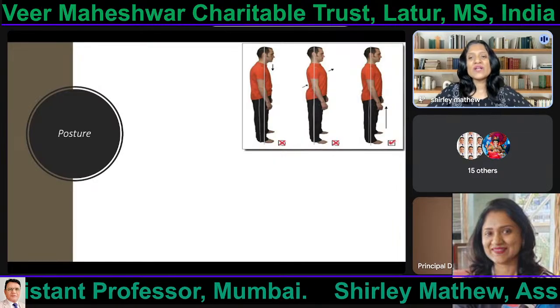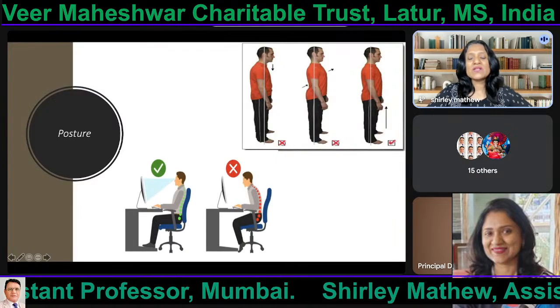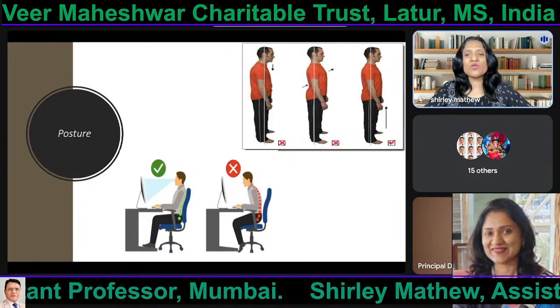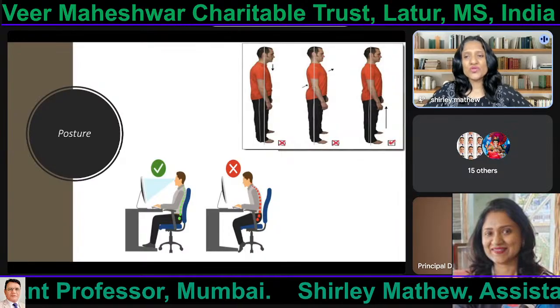So you have to have the right posture. The person at the center here is standing in a military kind of position, a straight, chest out position. That also is not right for a regular posture.